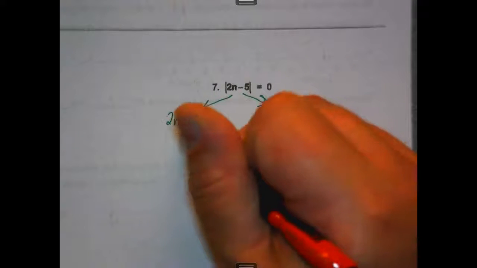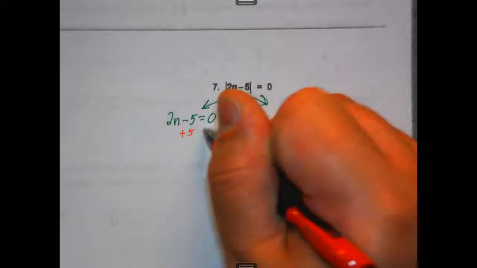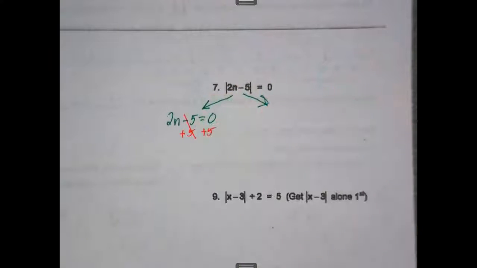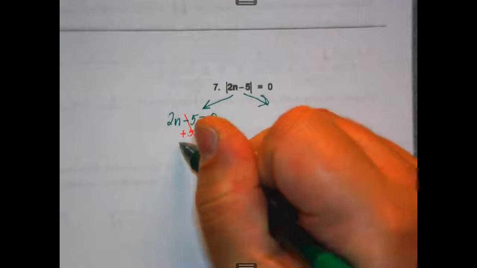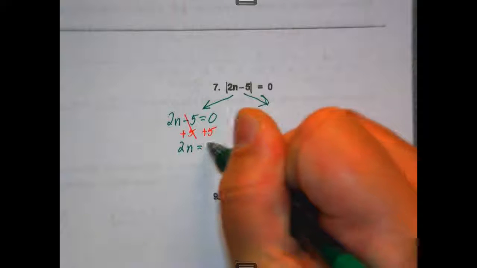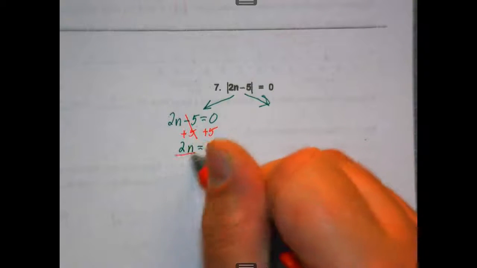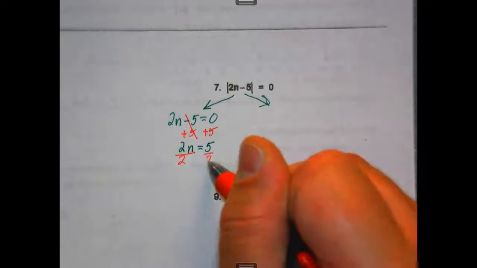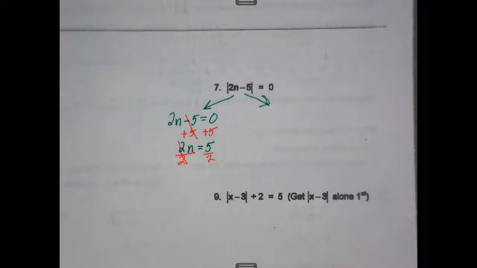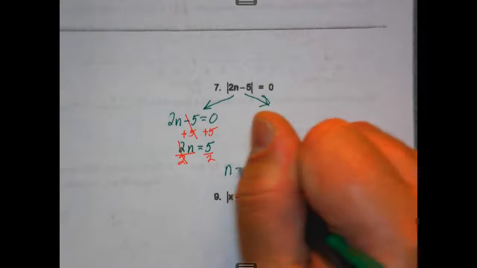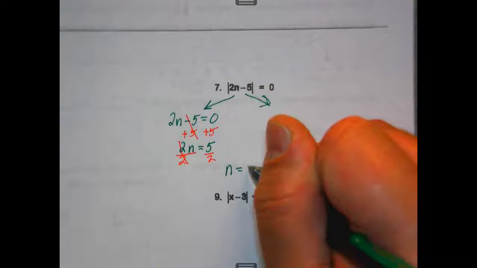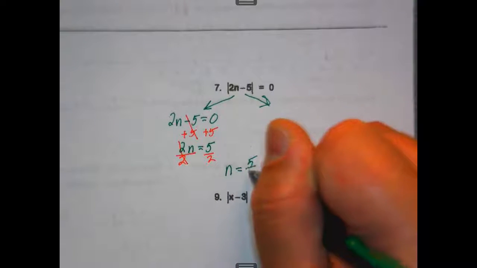So I'm going to add 5 to both sides. So I get 2n equals 5. Divide by the coefficient 2. So n equals 2.5, or 5 halves, either one.